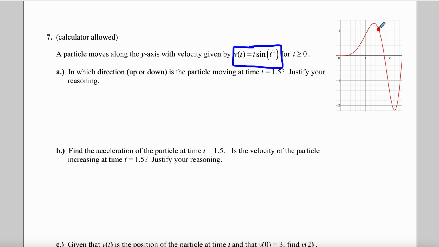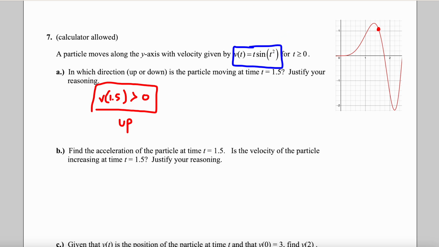You can see that that velocity is positive, and since v of 1.5 is greater than 0, we are definitely moving up or to the right or forward. The justification should be written in a sentence as the velocity is positive at that spot.